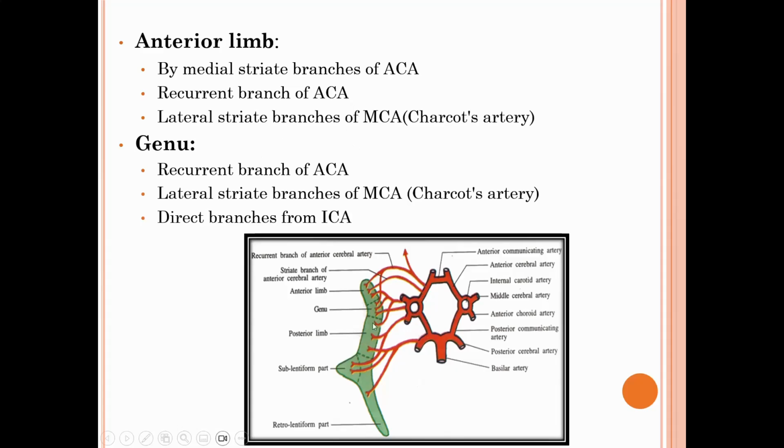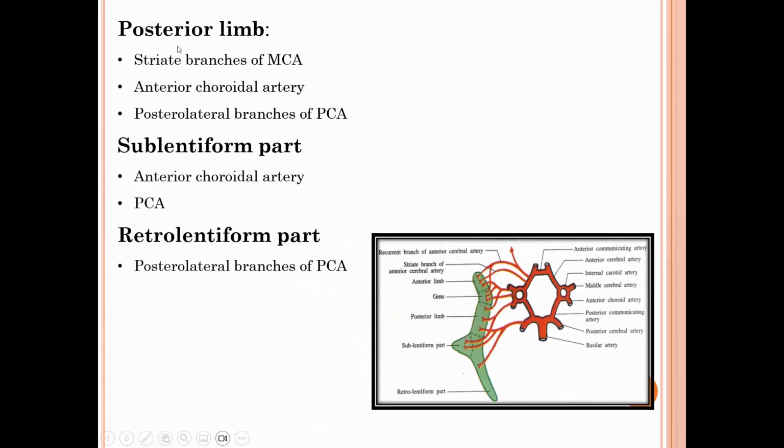The genu here is supplied by the recurrent branch of the anterior cerebral artery, then the lateral striate branch of the middle cerebral artery, and direct branches from the internal carotid artery. And the posterior limb is supplied by the striate branch of the middle cerebral artery, then the anterior choroidal artery, and the posterolateral branches of the posterior cerebral artery.